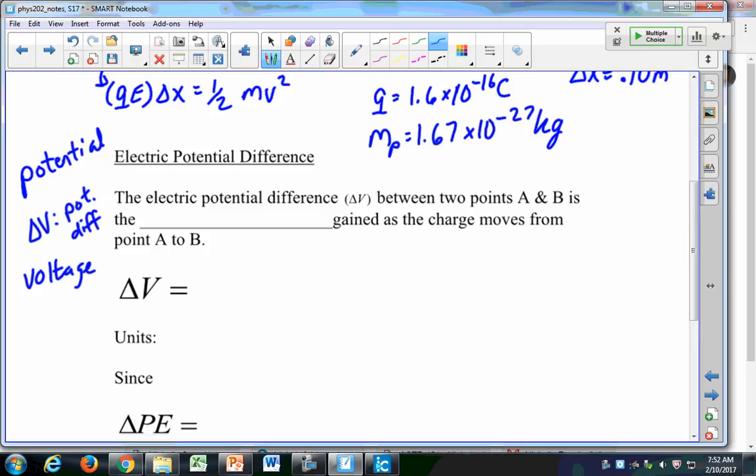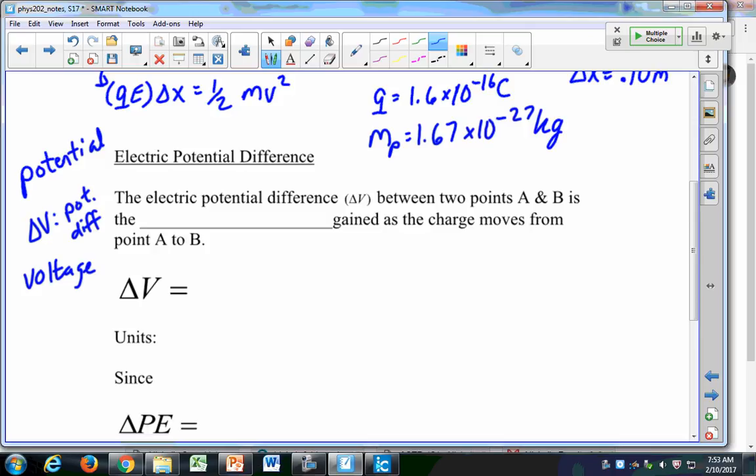And then voltage, we'll sort of keep that for circuits, but that's sort of like a potential difference for circuits. Like what is the voltage across a battery or across a power supply? What's the difference in the energy per charge for that power supply? Okay? Sometimes students get those terms mixed up in their heads. They sort of are very similar, but they have nuanced meanings.